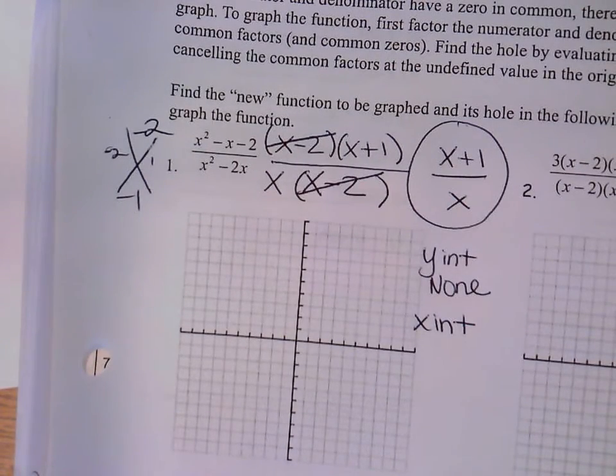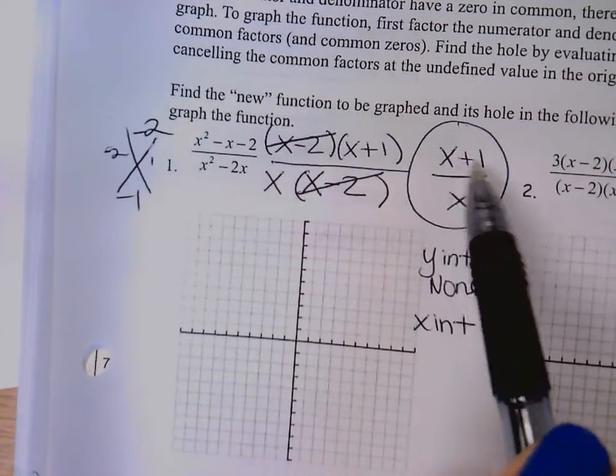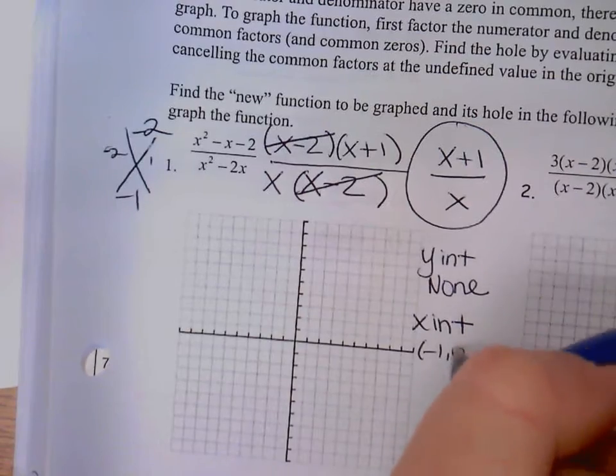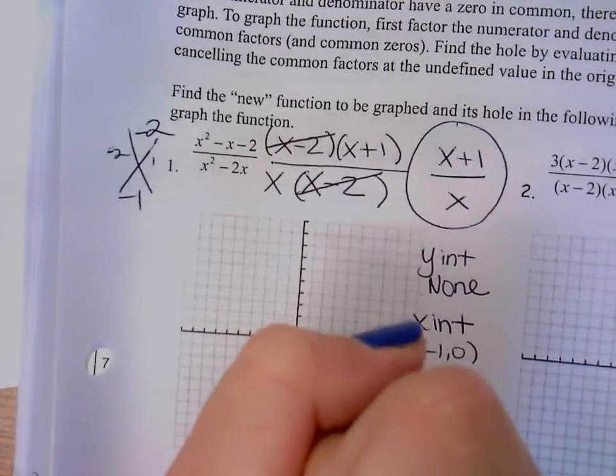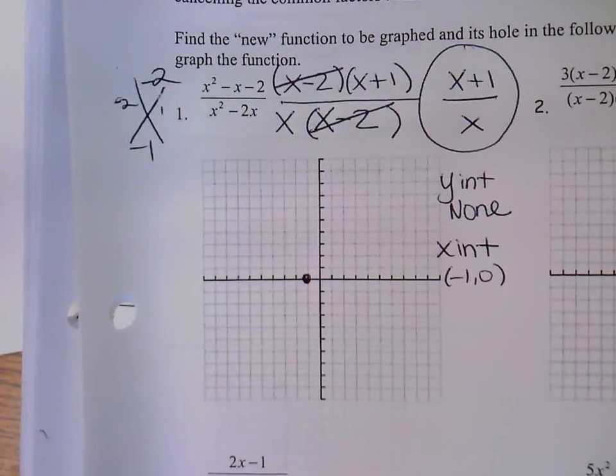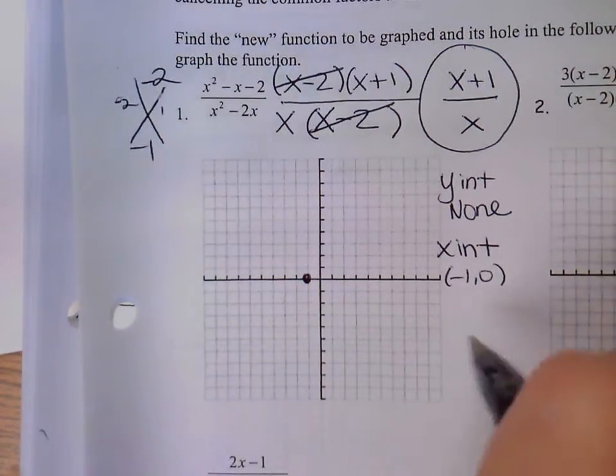Where will the numerator be 0? What will make the numerator 0? -1. So -1 comma 0 gets plotted on my graph. There it is. All right, step 3 is a vertical asymptote.